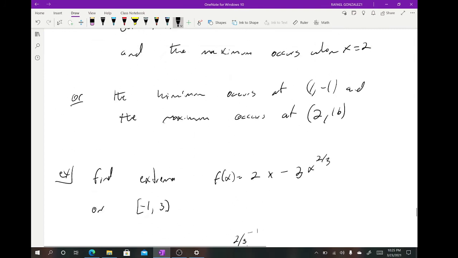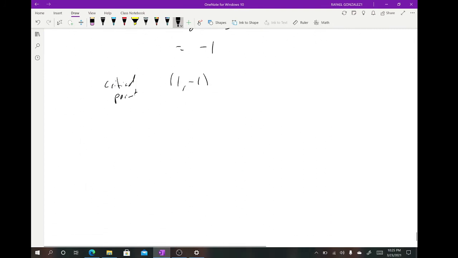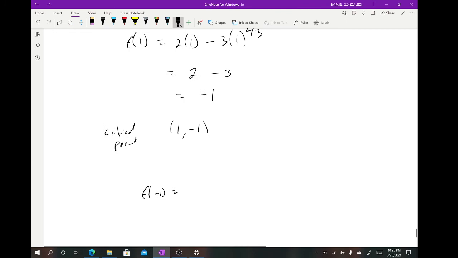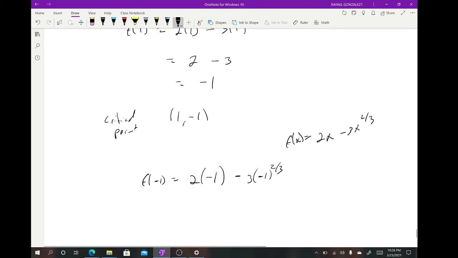Now the interval that we were working on is negative 1, 3. So we also have to evaluate at negative 1 and at 3. F of negative 1 is going to be equal to what? It's going to be equal to 2 times minus 1. And this because of what the function is. So let me just write the function so you can see it. It's 2x minus 3x to the 2 over 3. So it's 2 times minus 1 minus 3 times minus 1 to the 2 over 3.